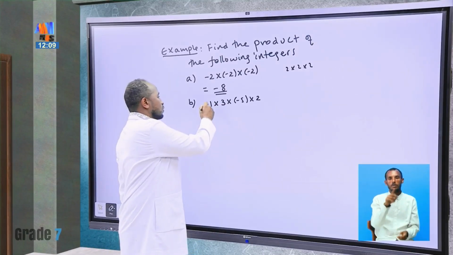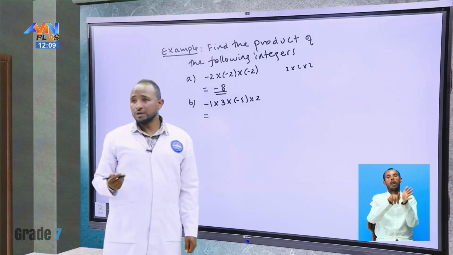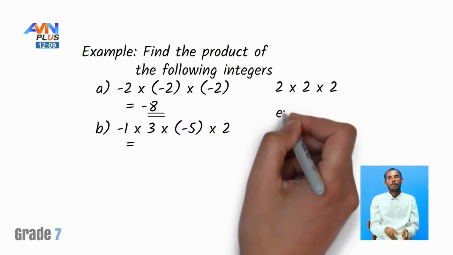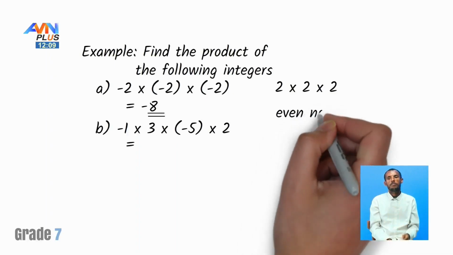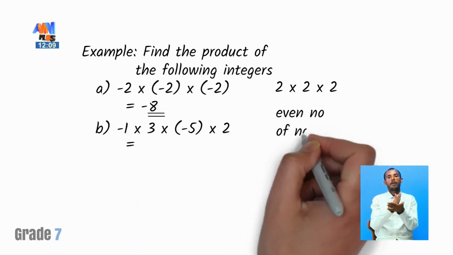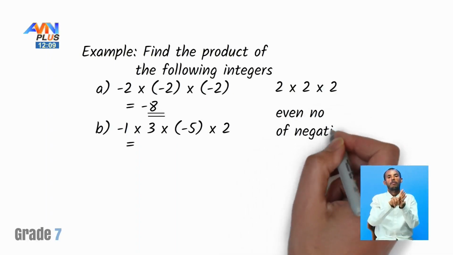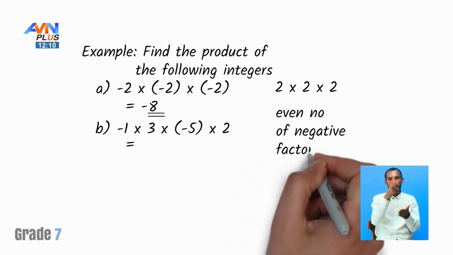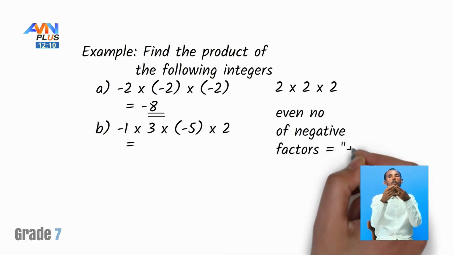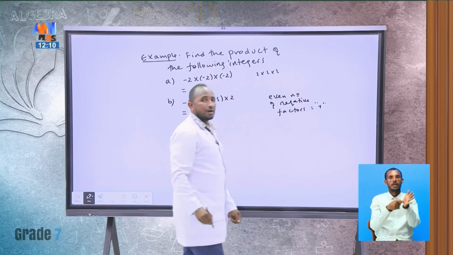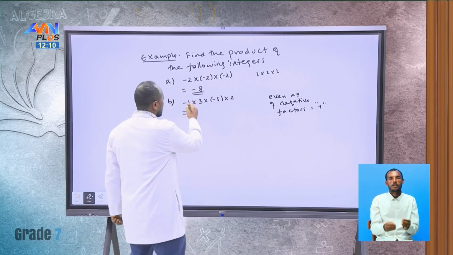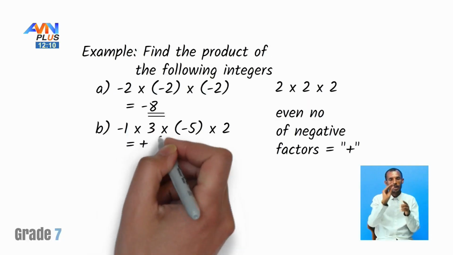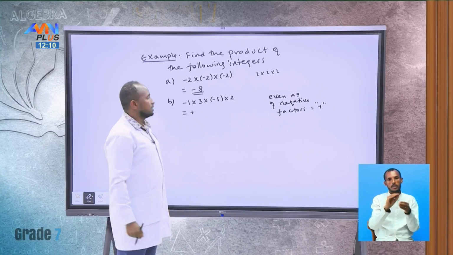You have 1, 2, only 2 negatives, an even number of negative factors. So in this case, the sign of the product is positive. Therefore, the sign of the product of these numbers is positive, and then let's multiply the numbers.